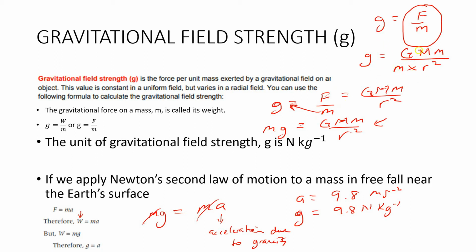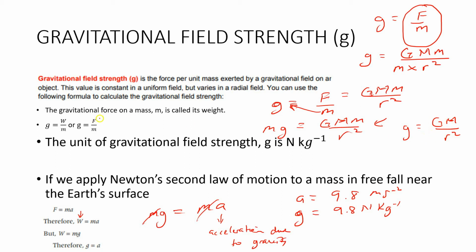So in essence, our gravitational field strength, we'll soon talk a little bit more about this, is actually equal to G times M divided by R squared. You'll see that a little bit more.